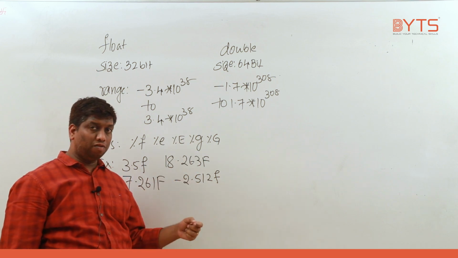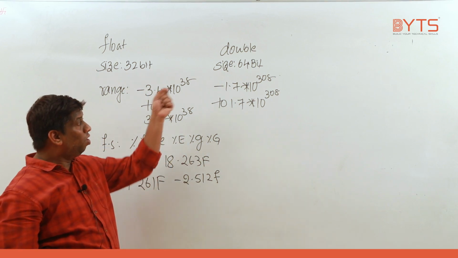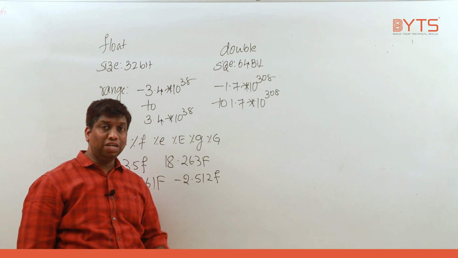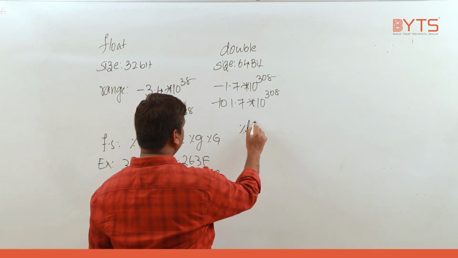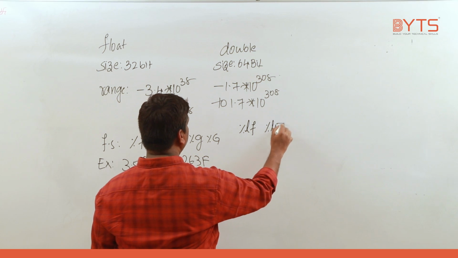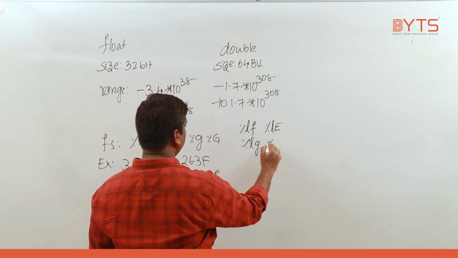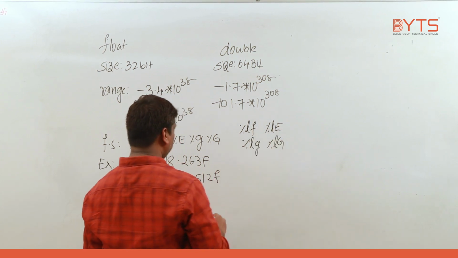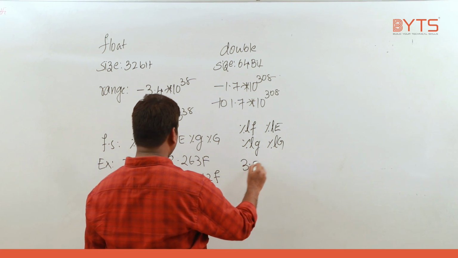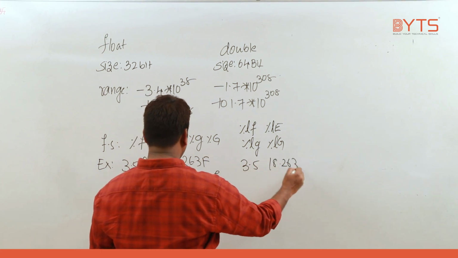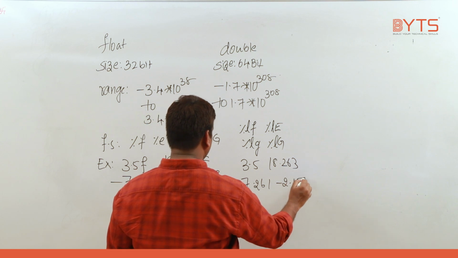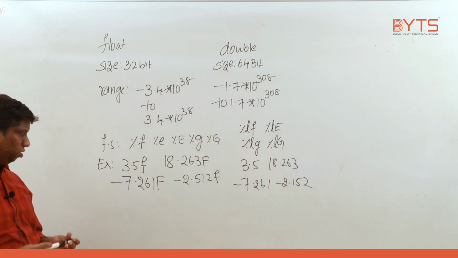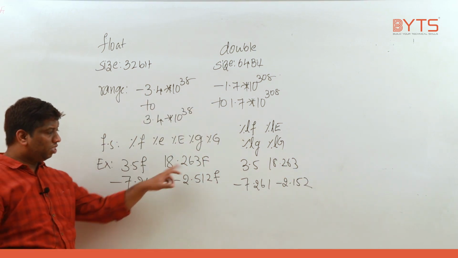Because percentile D is always for integer. In olden days, double was represented using long float. That is the reason the format specifier is LF, LE, LG. Examples are the same: 3.5, 18.263, minus 7.261, minus 2.152. Have you noticed these examples? Here F is there, here F is not there.